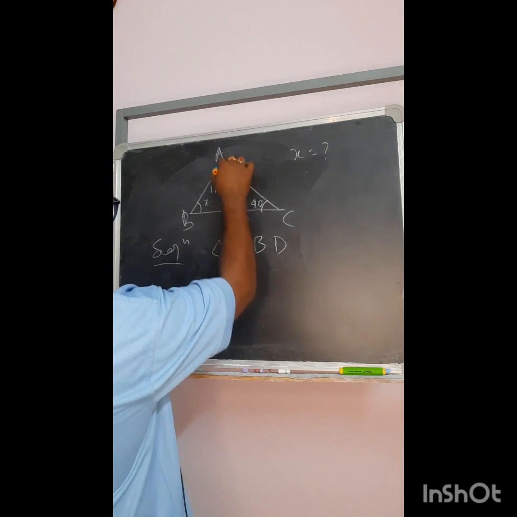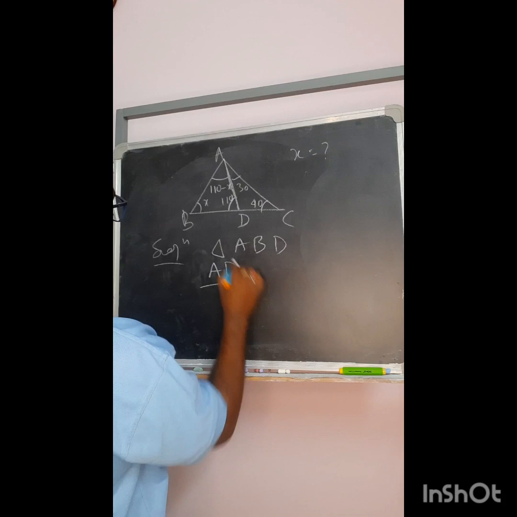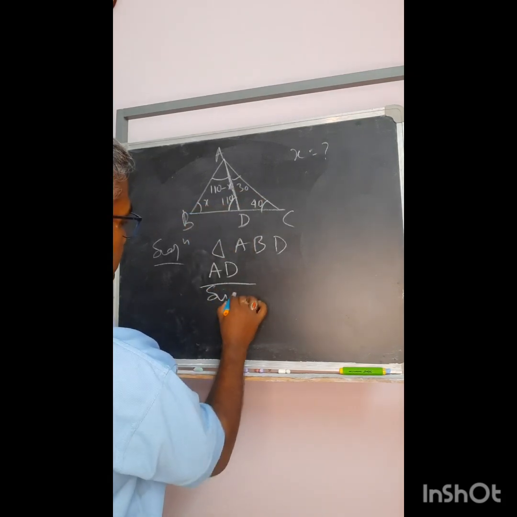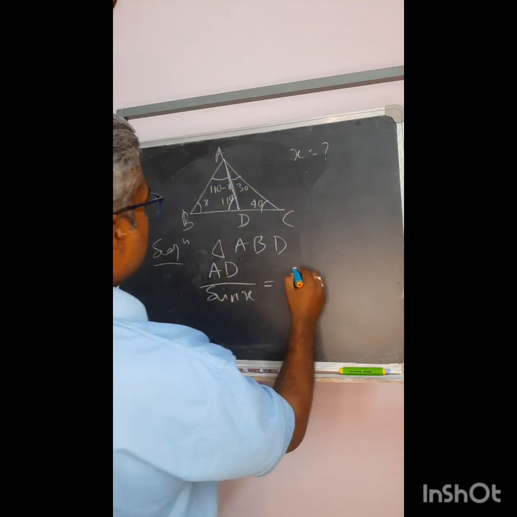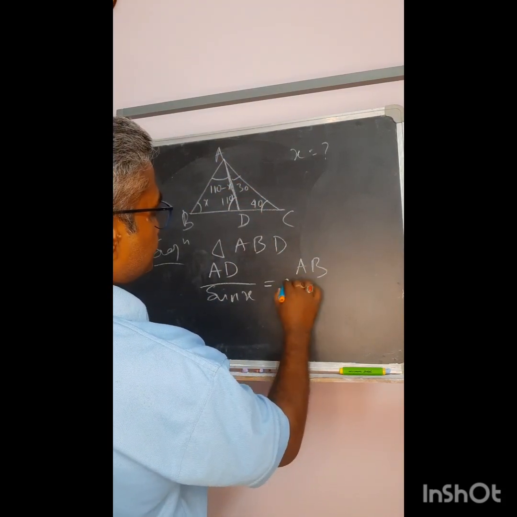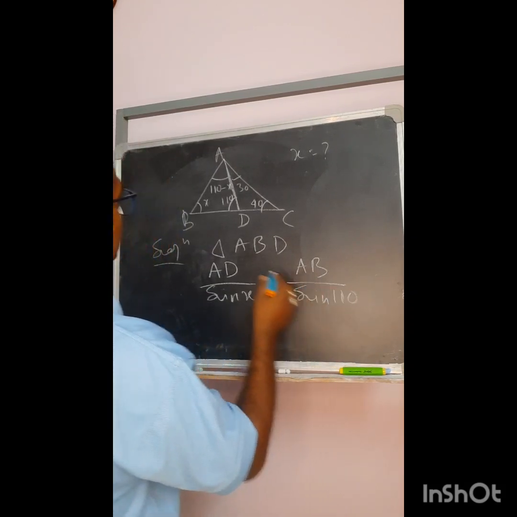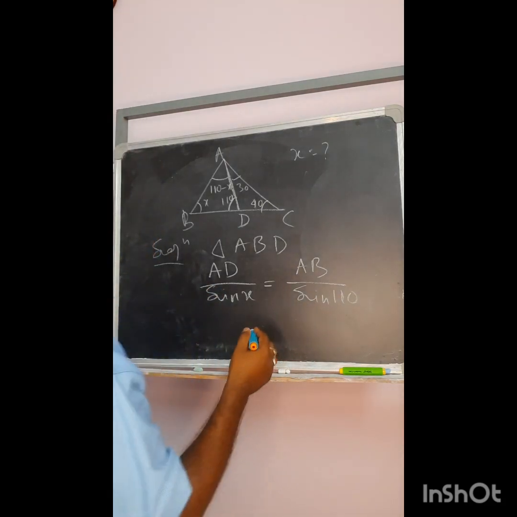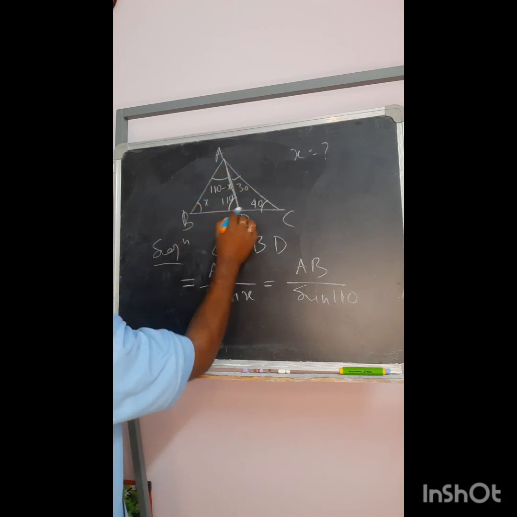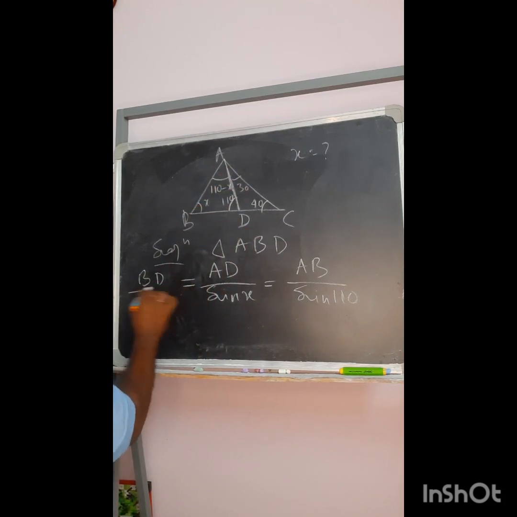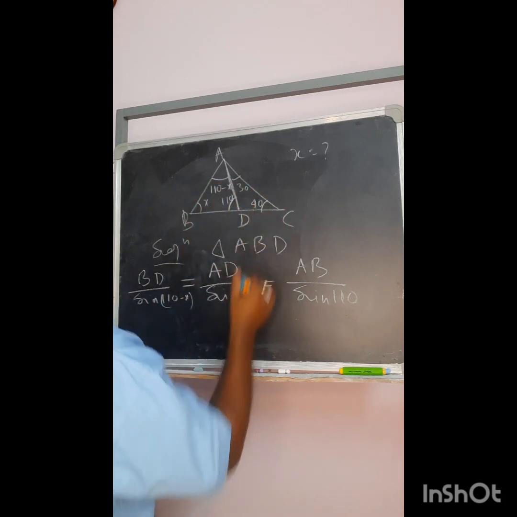So let us take AD upon sin x, equal to AB upon sine of 110, and equal to BD upon sine of 110 minus x. This is for this triangle.